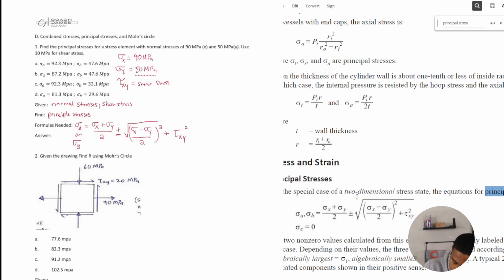So let's solve for A to start. Of course we're going to be doing plus. Sigma A is equal to our sigma X, which is 90 megapascals, plus sigma Y, 50, all divided by 2.